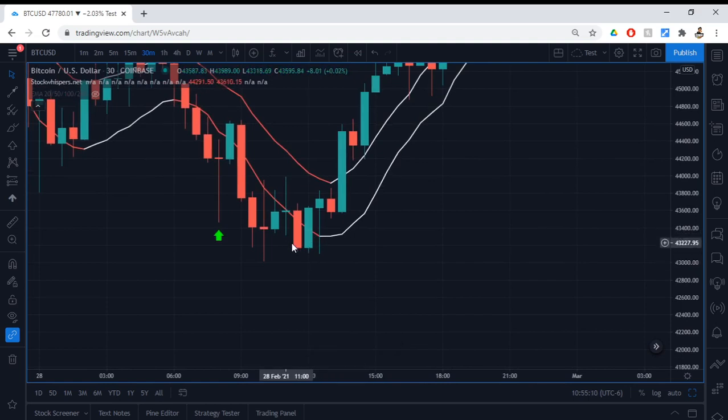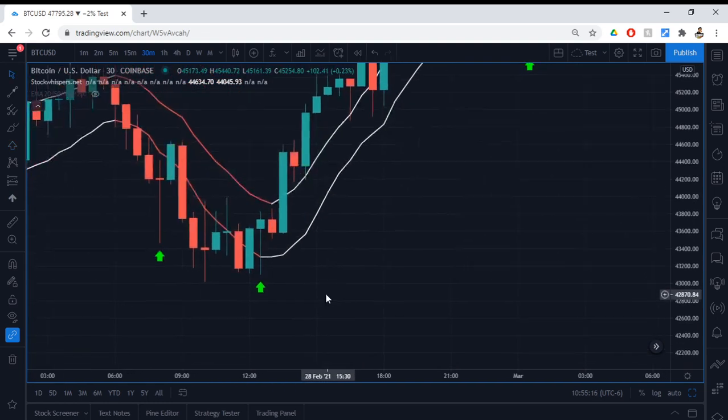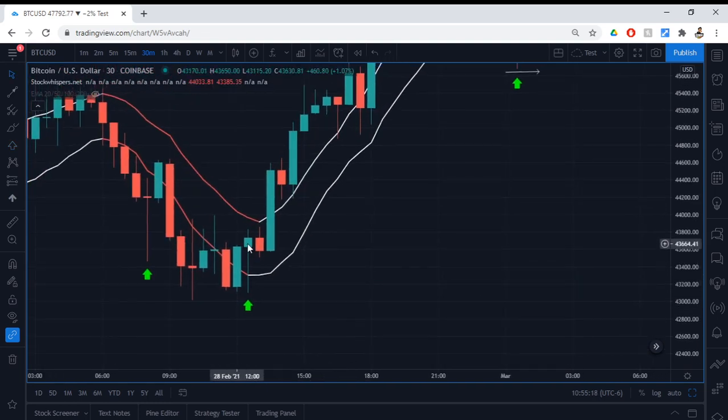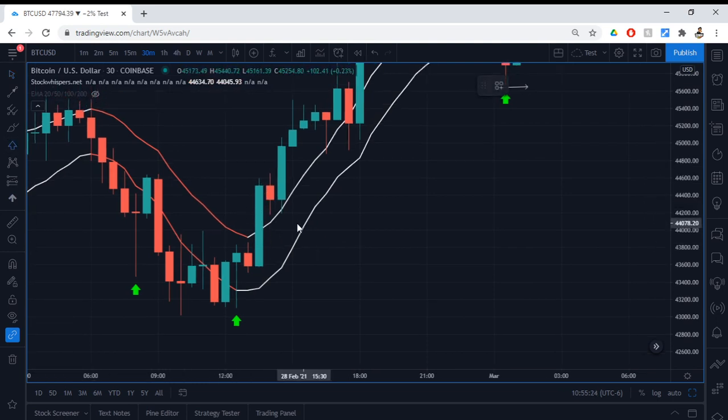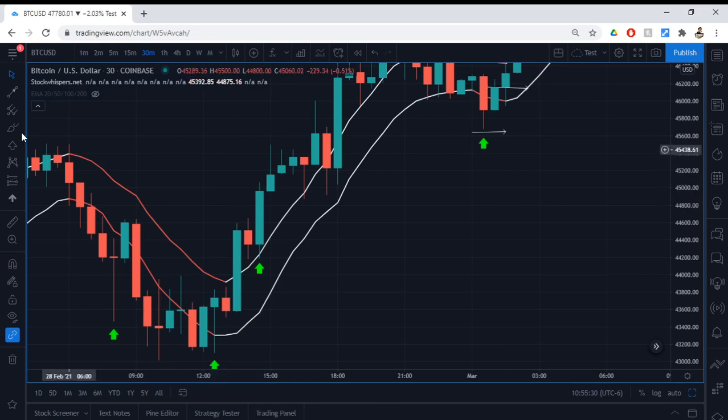Then here you have kind of low, lower low. You have another fractal here, which is going to give it, and then eventually it breaks up here, and you could have gotten in at this touch, for example, and traded this up. Let's say that you had gotten in here.